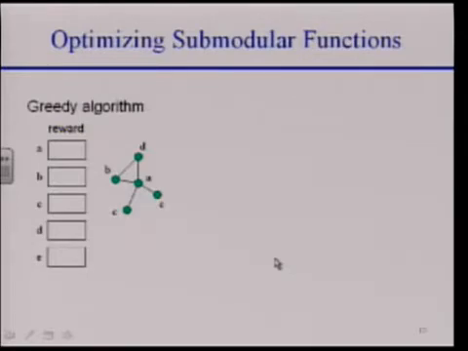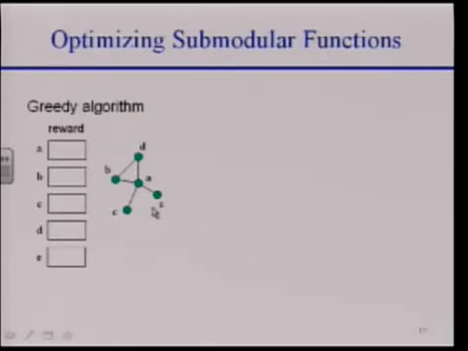Then you look for the second element that gives you the largest additional gain to your objective function. And then you keep doing that until you don't gain anything. Then basically you say, well, now that's my solution. Make sense? And that's not an exhaustive search on all the subsets, right?